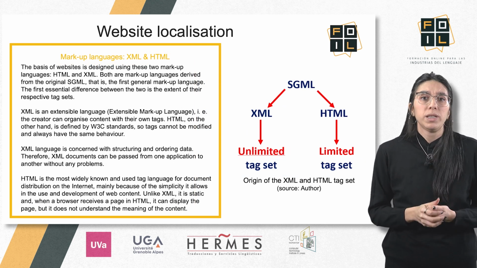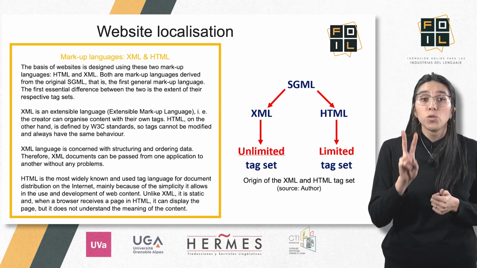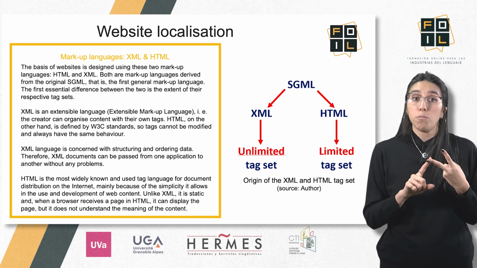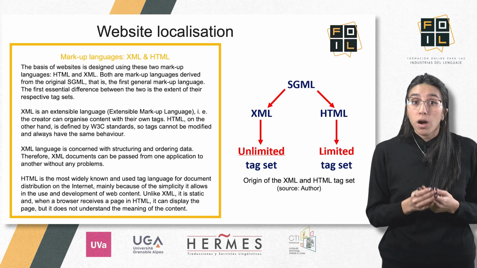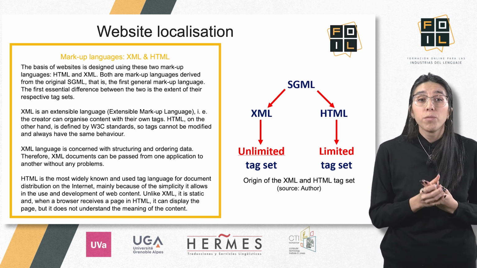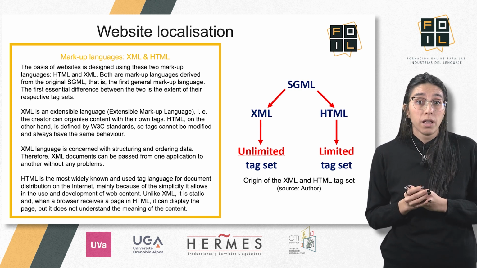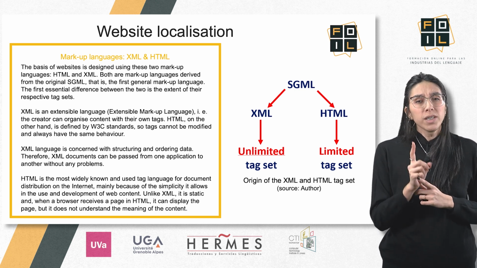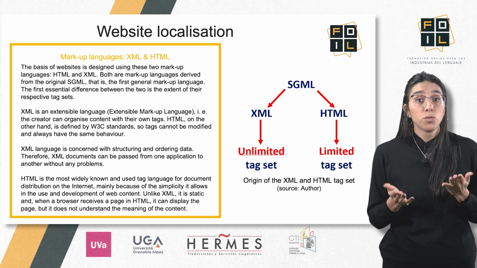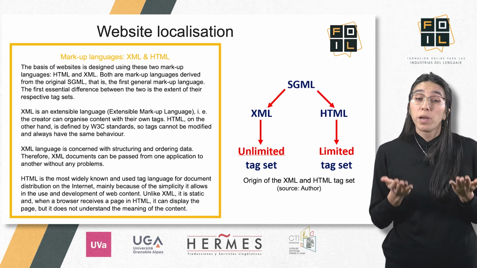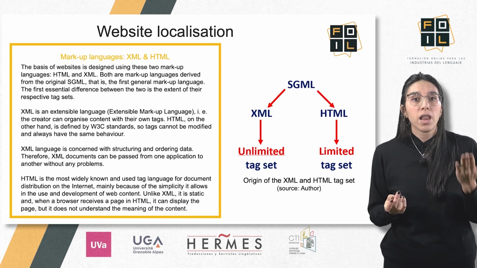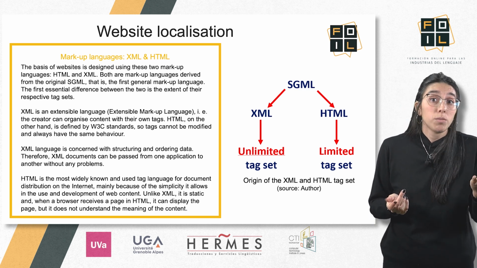The basis of websites is designed using these 2 markup languages, HTML and XML. Both are markup languages derived from the original SGML, that is, the first general markup language. The first essential difference between the two is the extent of their respective tag sets. XML is an extensible markup language.